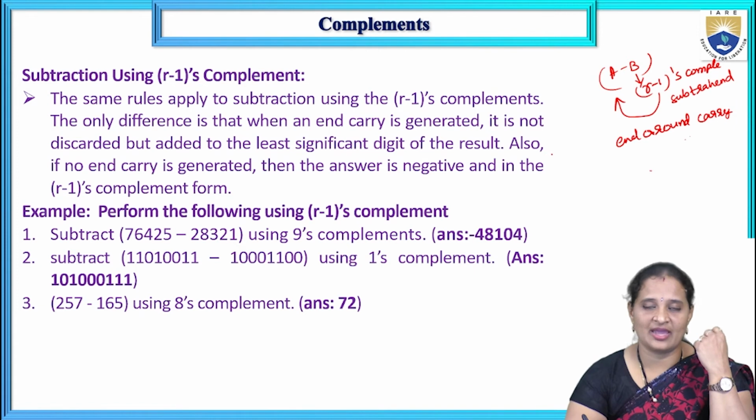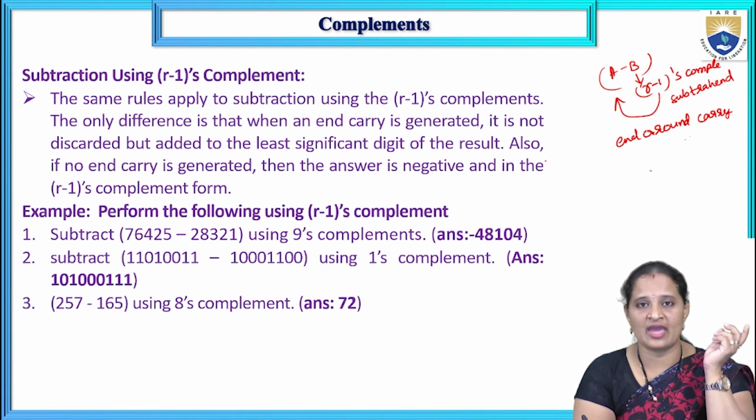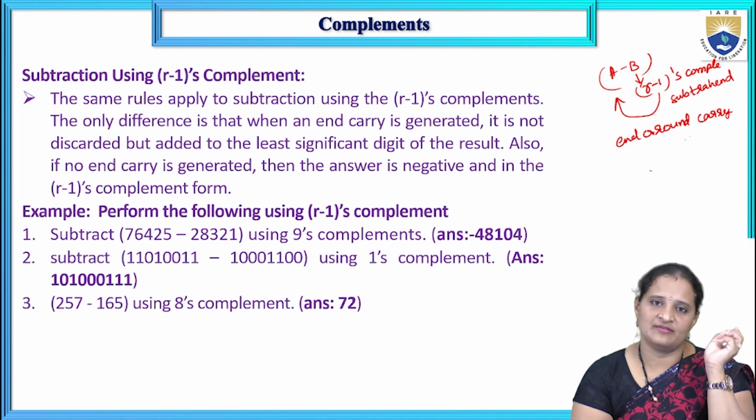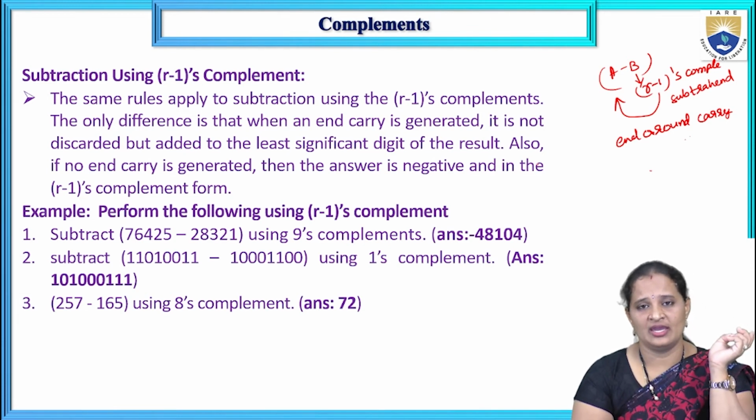Again, as in the previous case, if no carry results, then the result is considered negative, and the result is calculated by again taking the (r minus 1)'s complement of the sum and putting a negative sign before. So the steps are the same; the only difference is that if a carry is generated, here we add it to the least significant digit, whereas there we ignore the carry.